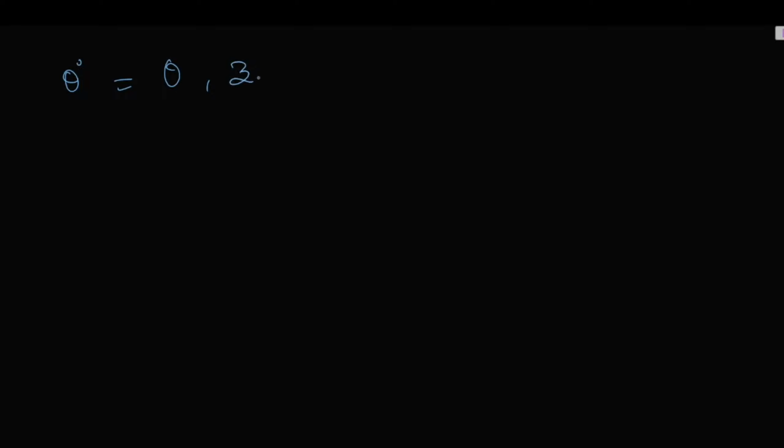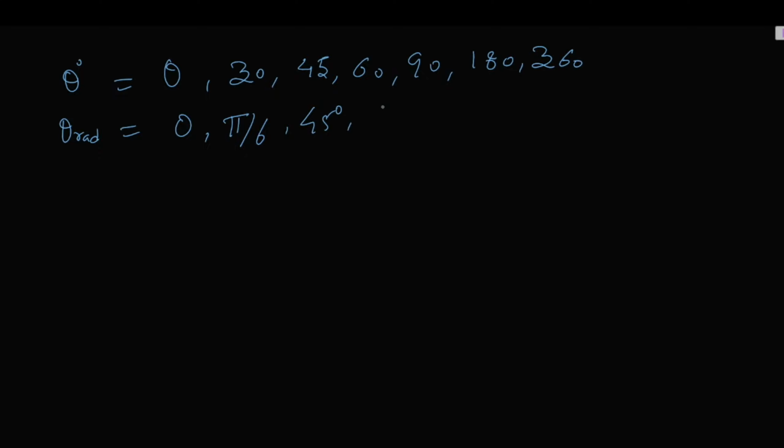Theta in degrees: 0, 30, 45, 60, 90, 180 and 360. In theta radians, how much will it be? 0 will be 0, 30 would be how much? 180 by pi by 6, that is pi by 6. 45 is pi by 4, 60 is pi by 3, 90 is pi by 2, 180 is pi, and 360 is 2 pi.